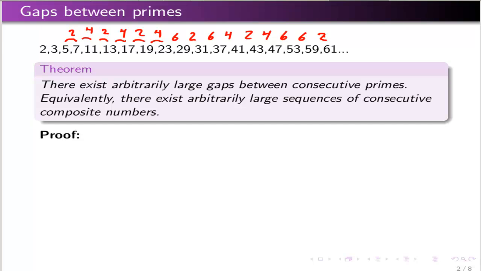So let's start with the number n. Well, let's try to find a gap with about n consecutive composite numbers. And the way to start here would be to take a number that has lots of factors. So say n factorial. Okay, so let n be an arbitrary natural number, and consider the following sequence.